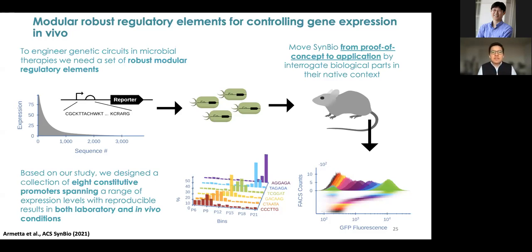So the idea would be that if you generate a genetic circuit in the lab and you characterize it there, when you put it in an animal model, you should be able to do it in a more reliable manner. So we found these promoters that behave basically the same in aerobic and anaerobic conditions and inside the gastrointestinal tract of a mouse.